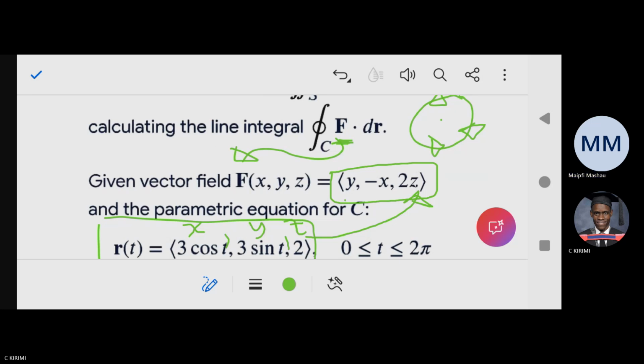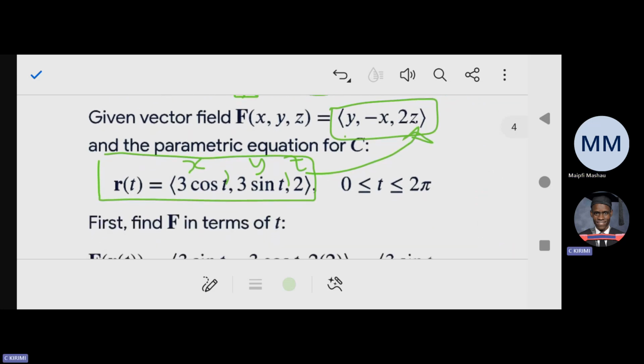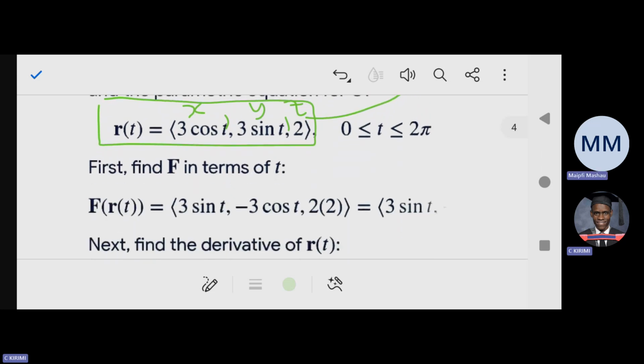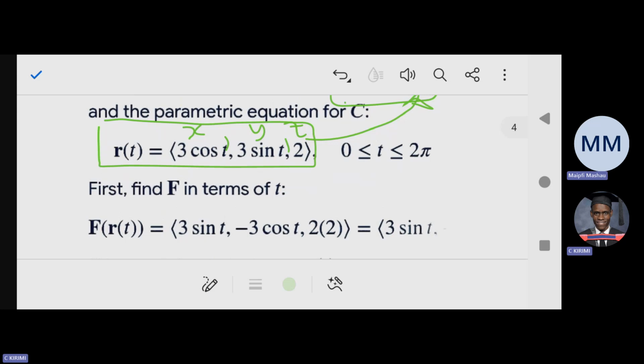I'm waiting for you if you have found it. The logic behind it, are you understanding? To find the function of t. Yes. So now we are rewriting that f in terms of t.